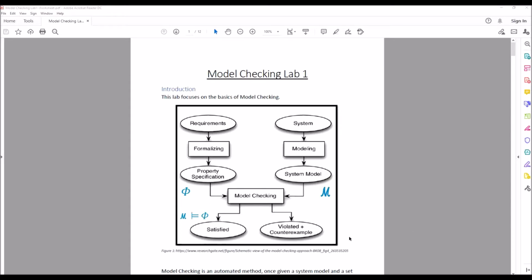And we see that the model checking process determines whether our model can satisfy our formula. If it's satisfied, it says so, and if it is not satisfied, it says it is violated, and it gives you a counterexample as to how the model does not satisfy this formula, phi. This is just a general overview. We'll go into it in more detail.